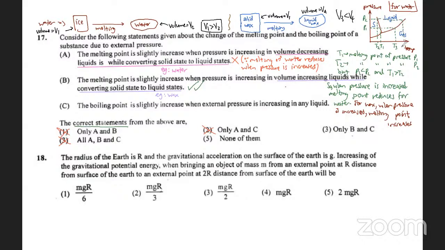This is T4, okay? So can someone describe what is T3 and T4? T3 in the diagram, okay? T3 is the boiling point at pressure P1. T4, all right? Boiling point at pressure P2.